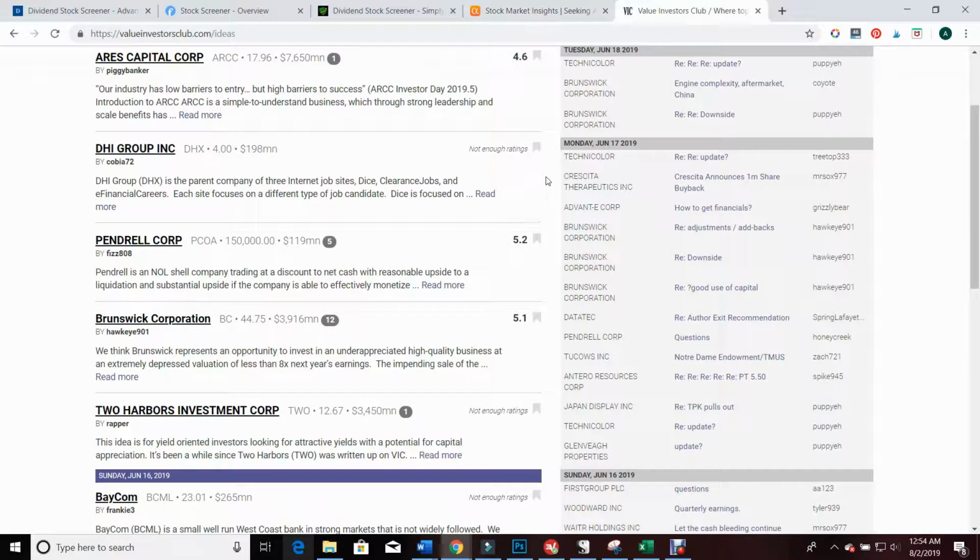Another tool that I use sometimes is valueinvestorsclub.com. If you're big into value investing, you'll likely know who Joel Greenblatt is from Columbia University. He owns this website. He created it 15 or 20 years ago. The website has been updated a little bit, but it still looks pretty neat and clean.